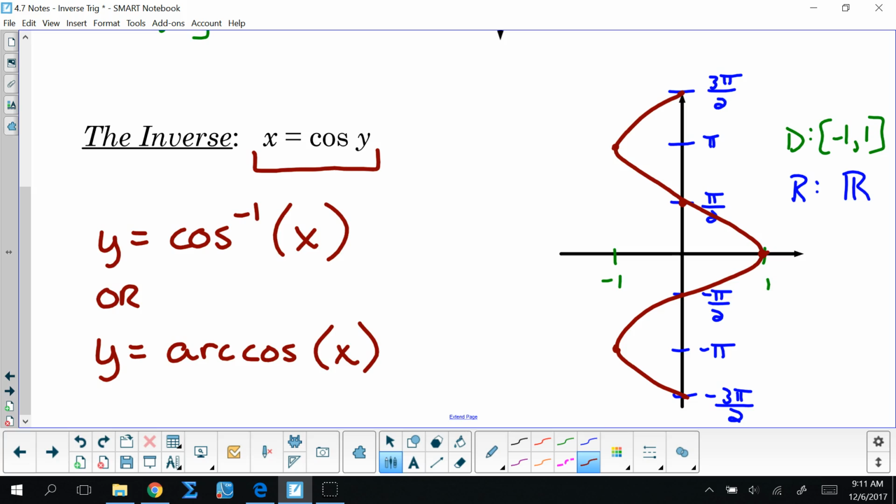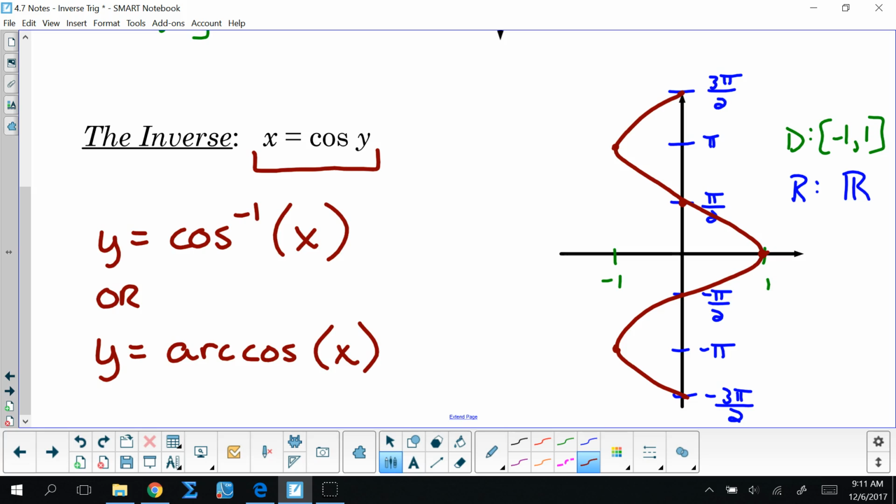Now, all important question, we asked it yesterday with sine too. Is, well, I'm going to call it arc cosine first, just because I like saying arc. Is the arc cosine a function?